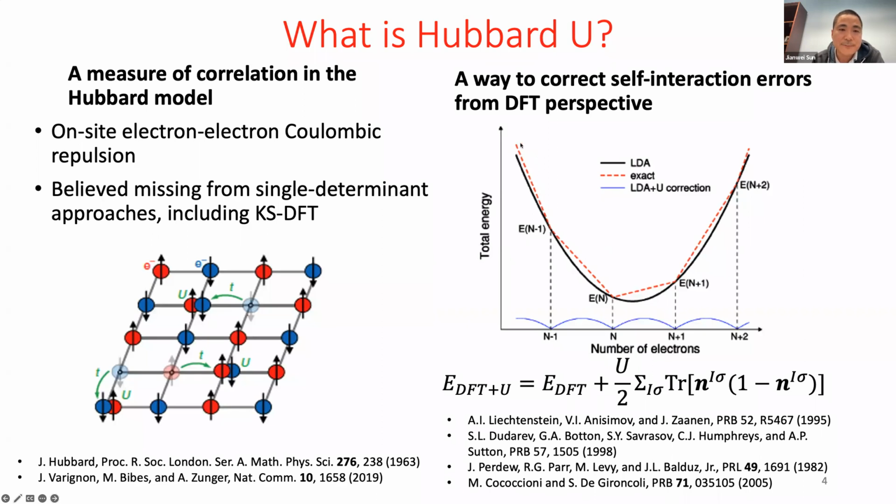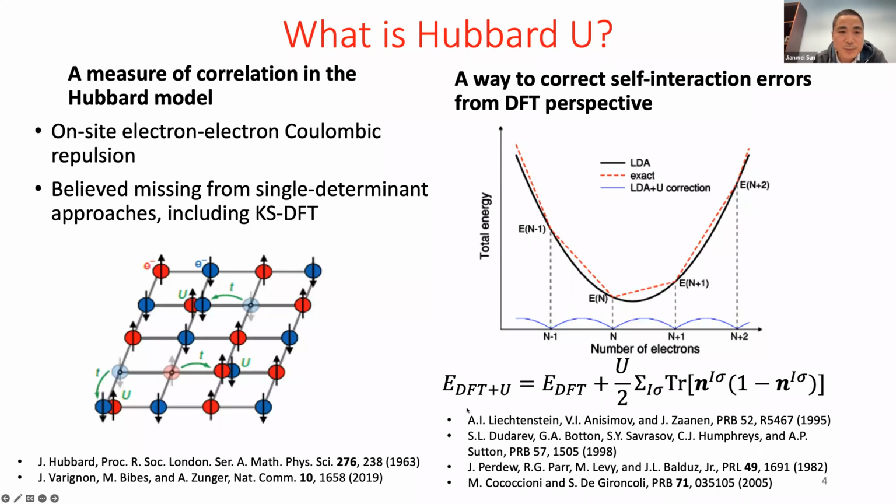But in semi-local or popular density functional approximations, this derivative discontinuity at the integer number is usually missing and the curve is smooth. This error can be shown as this blue curve.